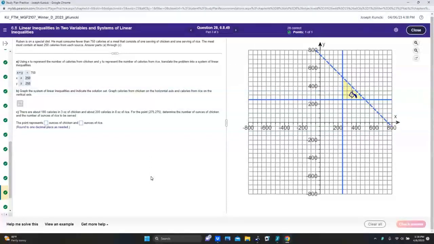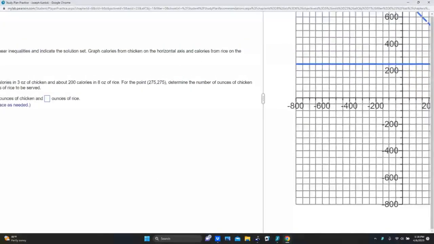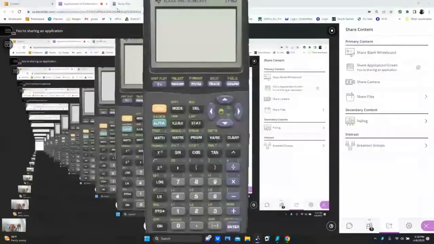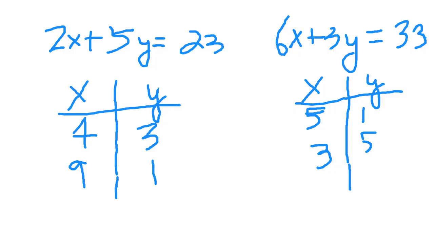So the first proportion, I'm going to go ahead to the whiteboard again because it's easier for me to show you. So hold on. Let's see if I can get this. All right, so I'm going to erase what we got. And I'm going to show you, it says that with respect to the chicken, 3 ounces was 180 calories. I'm just going to use the numbers.